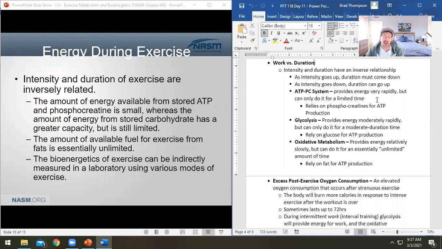It is burning a higher percentage of calories from fat than any of your other types. So when you are doing low intensity, long duration work, you are primarily relying on fat as a fuel source. That is a true sentence. But the number of calories that you're burning is much lower than if you were doing high intensity work.